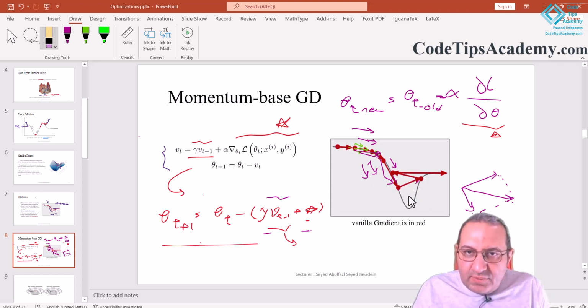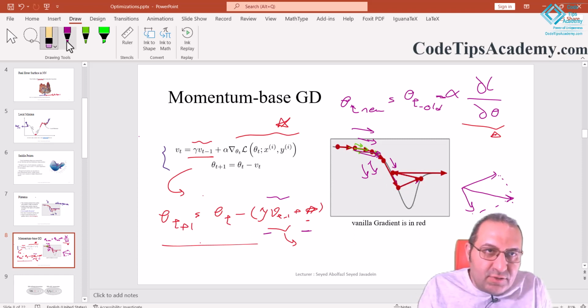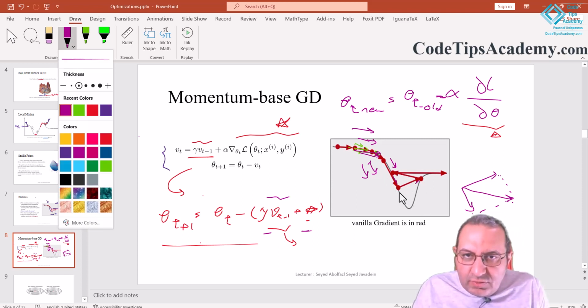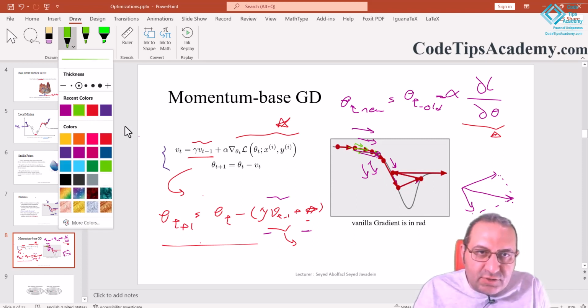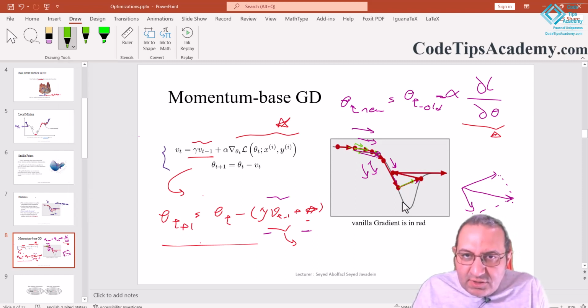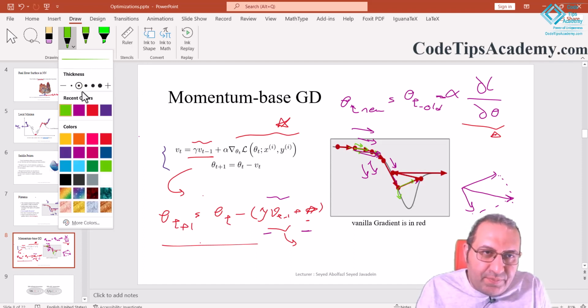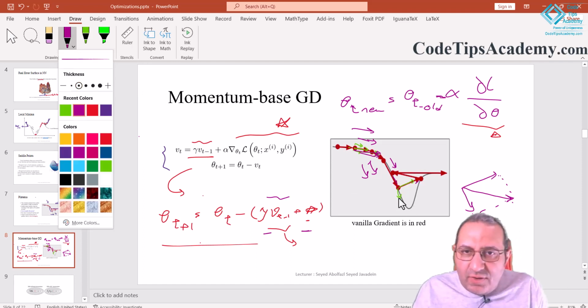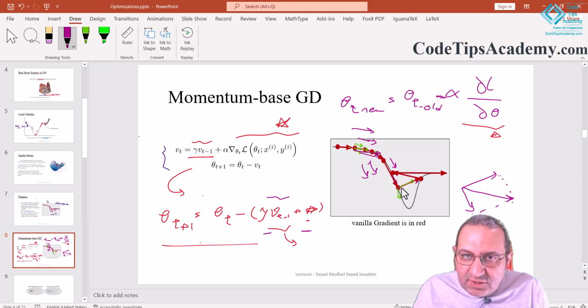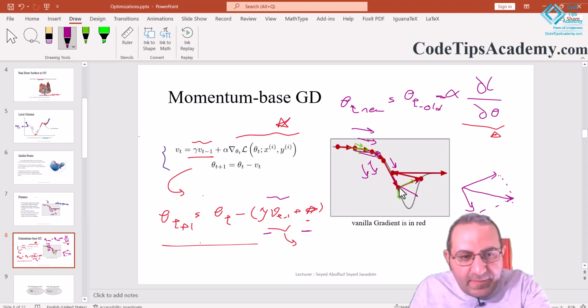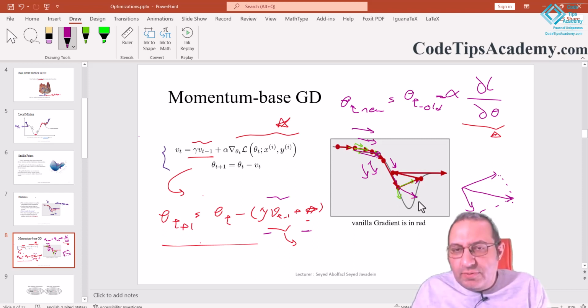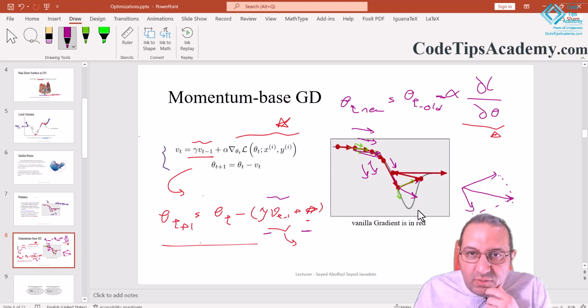I write it in a cleaner way. For this direction, we have this gradient and we have this speed vector, and the sum of these two vectors is like this, and we go to this point. This means that we have the chance to reach the global minima.